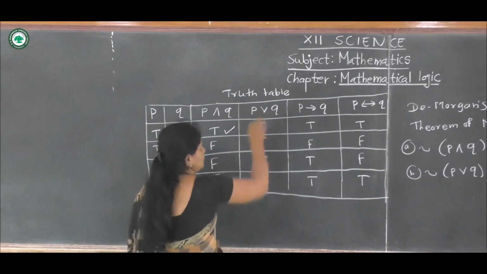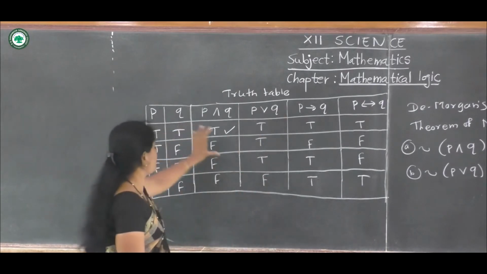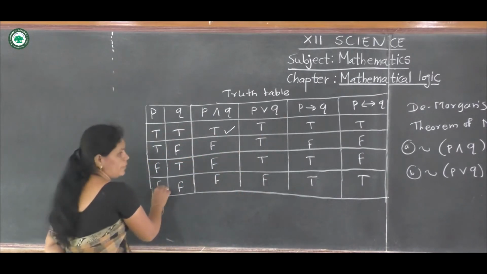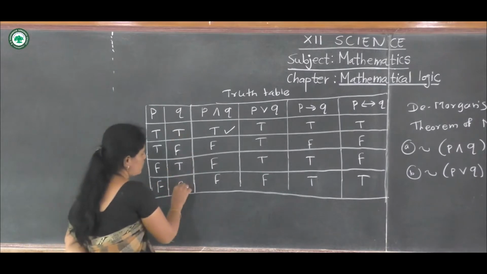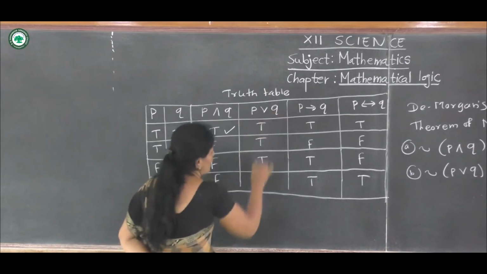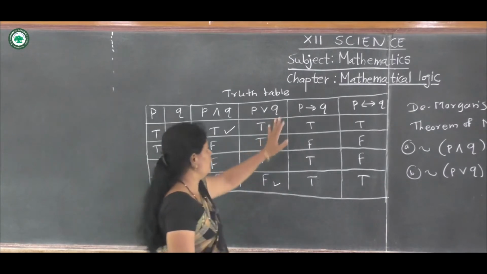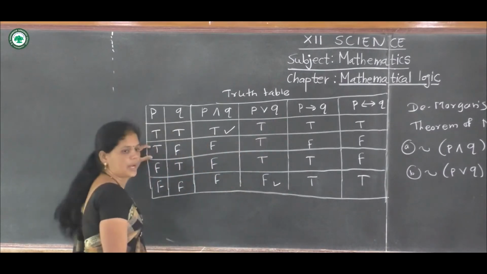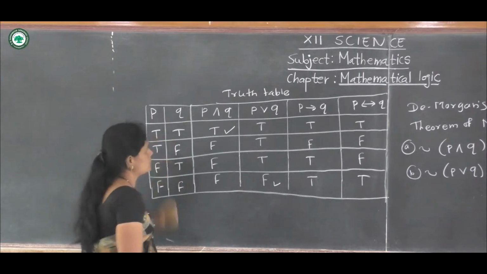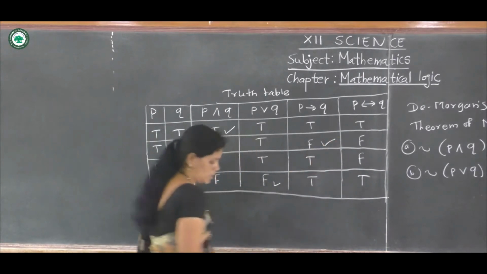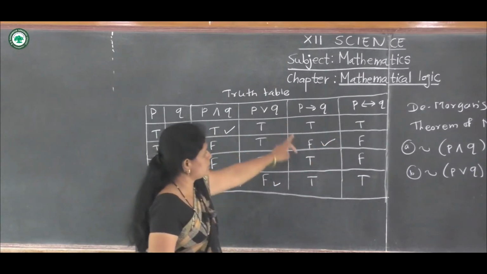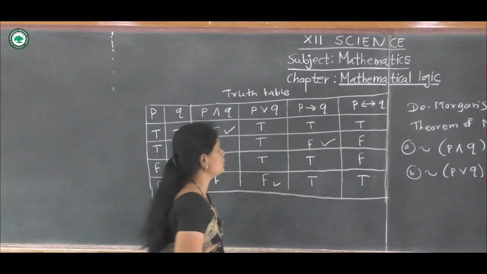P or Q: all values are true, when P having value false and Q having value false, then P or Q is false. P implies Q: only when P is true and Q is false, then P implies Q is false. Otherwise, all values are true.